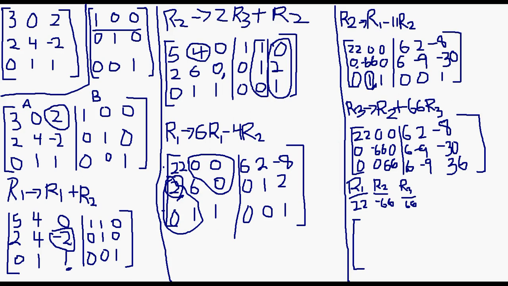So 22 divided by 22 is 1. 0 divided by 22 is 0. Remember, always remember that it is divided through all of them.